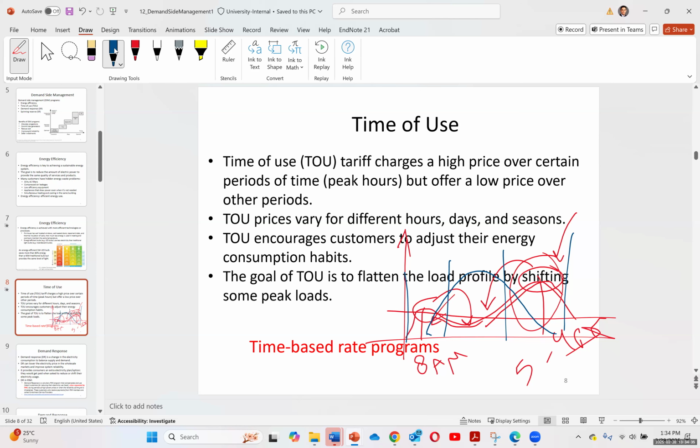For off-peak hours, we can say if you use power at off-peak hours, it's 7 cents per kilowatt hour, and if your consumption is at peak hours, it's going to be 14 cents, for example, double the price. And that would encourage the consumer to shift their high demands to the off-peak hours.